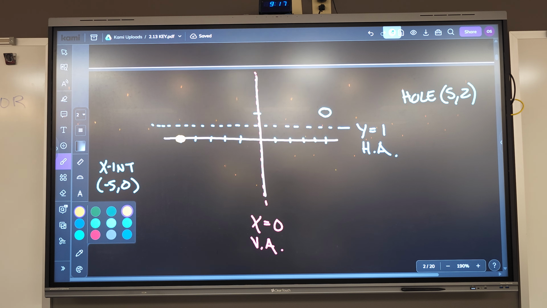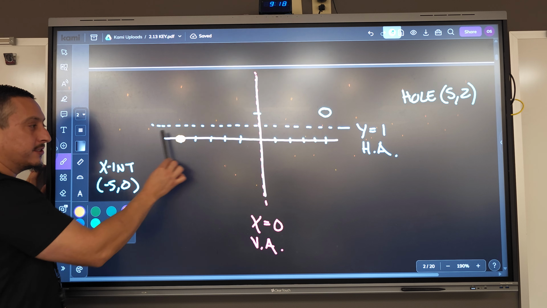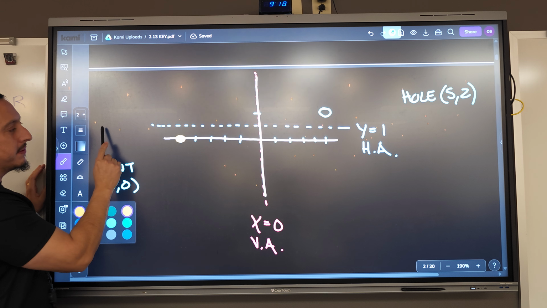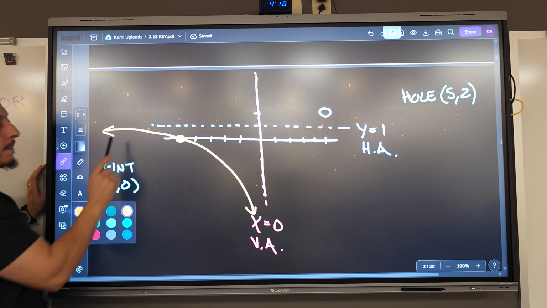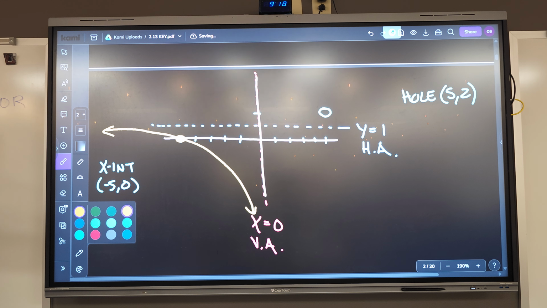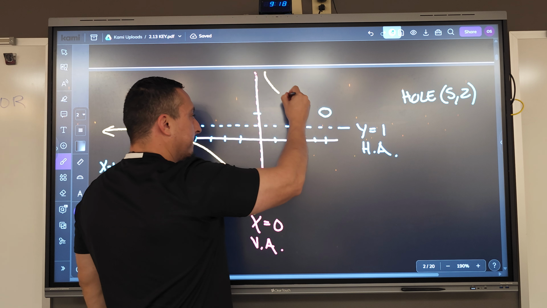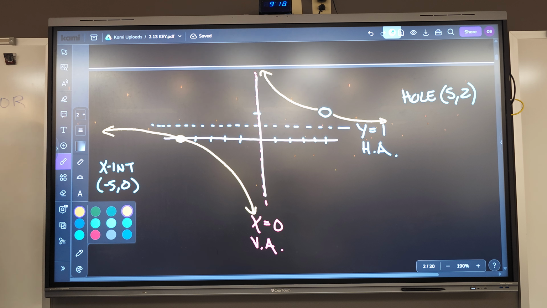Okay, so based on the two things that it touches, and check this out, this is a wall. Whatever I draw over here can't get past those asymptotes. So the only possibility would be this, because I can never get past those walls. The only possibility over here would be this, because the hole is like on the line, but it's a gap on the line.